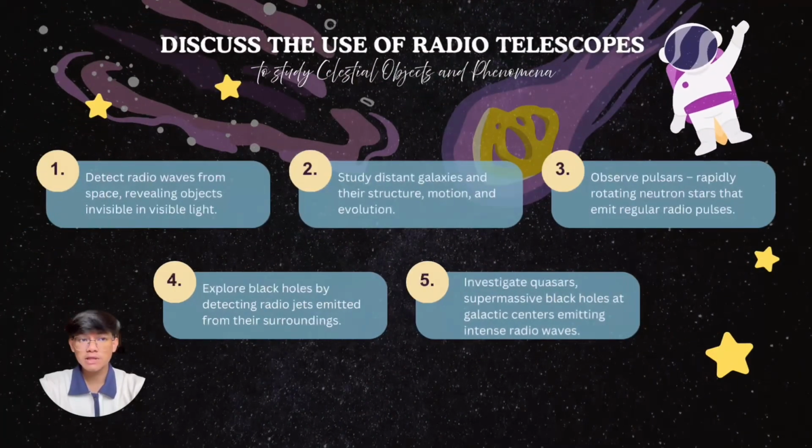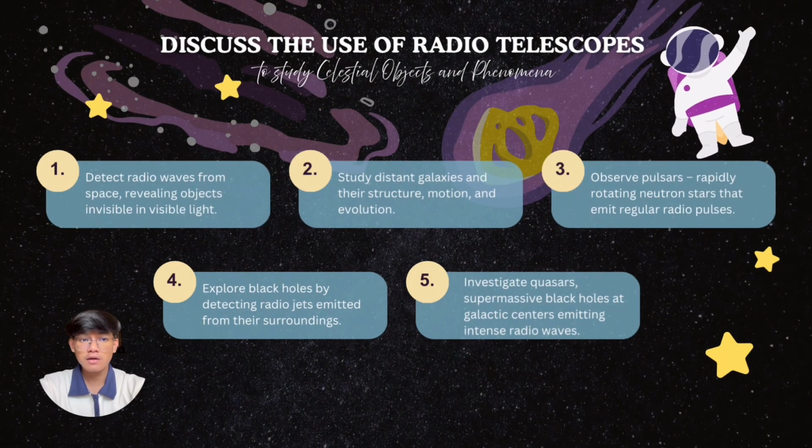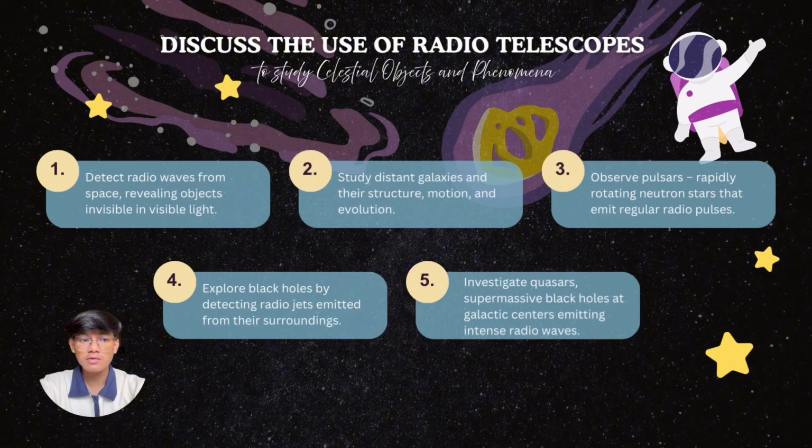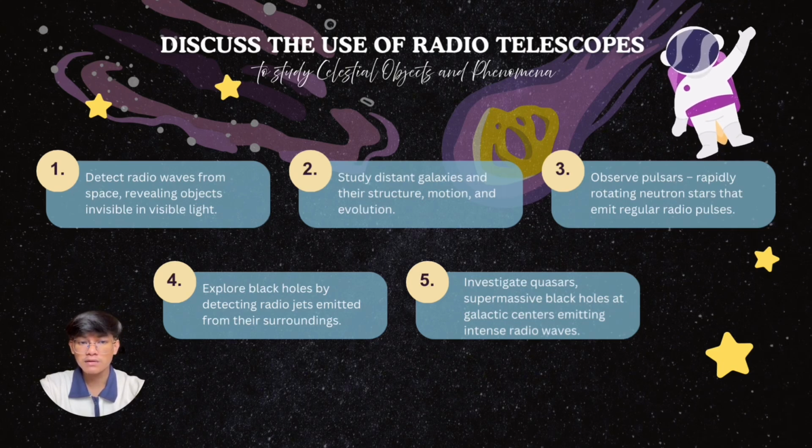Now, I will be sharing how radio telescopes are used to study celestial objects and space phenomena that we cannot see with a regular telescope. The first one is that radio telescopes detect radio waves from space. This allows us to observe objects that are hidden by dust or invisible in normal light, revealing a deeper view of the universe.